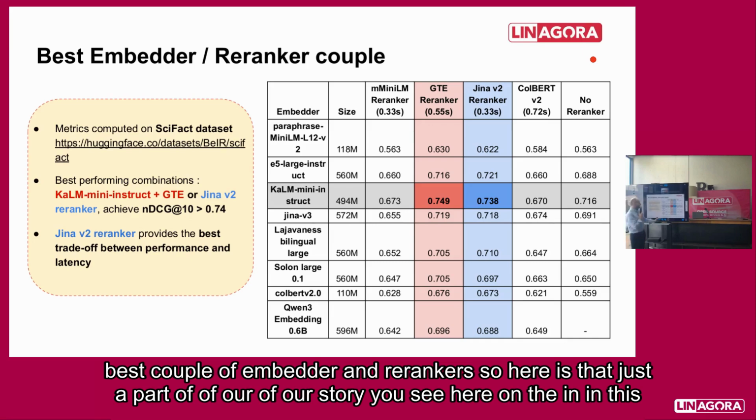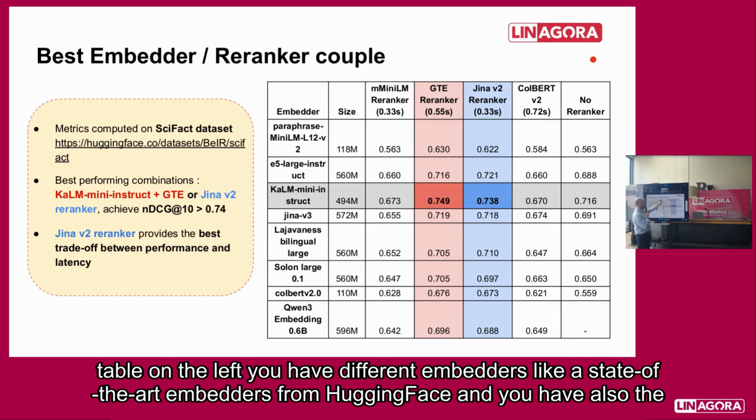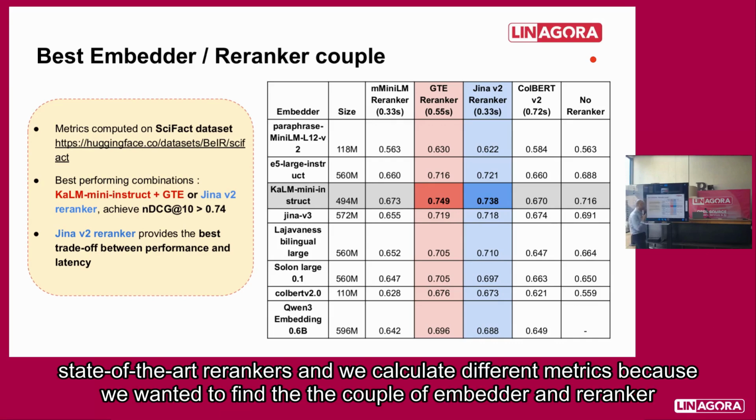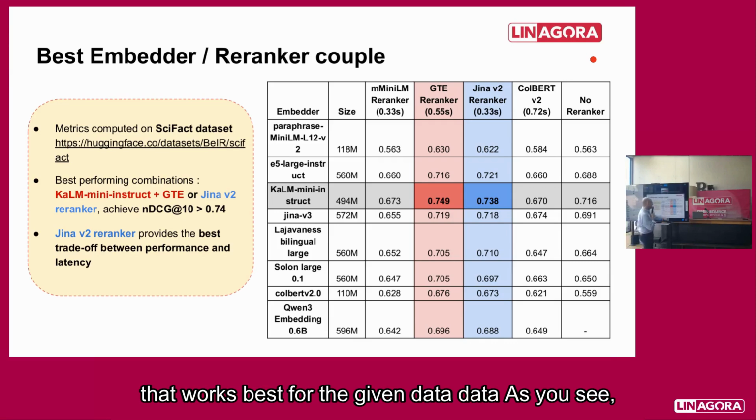You see in this table on the left, you have different state-of-the-art embedders from Hugging Face, and you also have state-of-the-art re-rankers. And we calculate different metrics because we wanted to find the couple of embedder and re-ranker that works best for the given data.